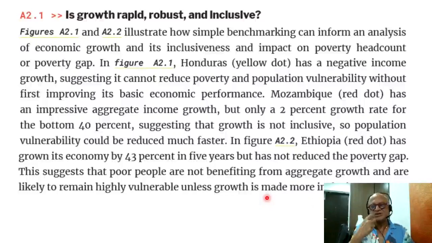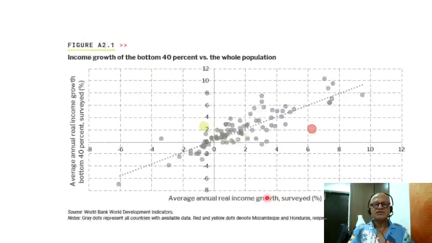So these are not just words that growth has to be rapid, robust, and inclusive; you can look at data and see how things are actually leaving some people behind and vulnerable to climate risks and climate shocks and so on.